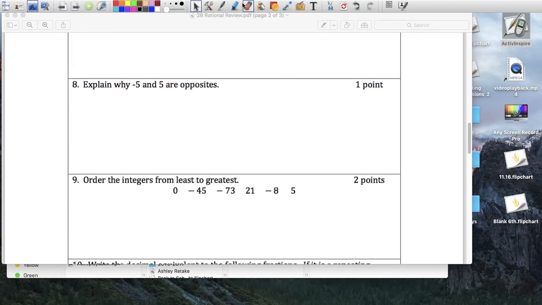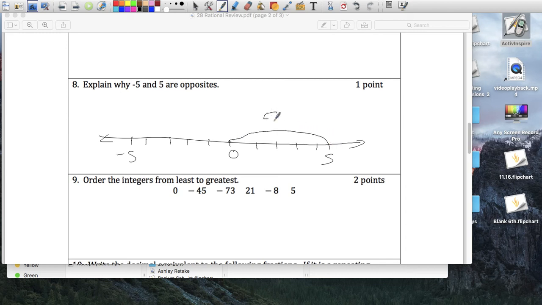Explain why negative 5 and 5 are opposites. Well, if I draw a number line, and I get 0, 1, 2, 3, 4, 5, negative 1, negative 2, negative 3, negative 4, negative 5. Why are these opposites? Well, they're opposites because from 5 to 0, it's 5 spaces, or 5 steps, 5 units. And from negative 5 to 0, it's also 5 units.